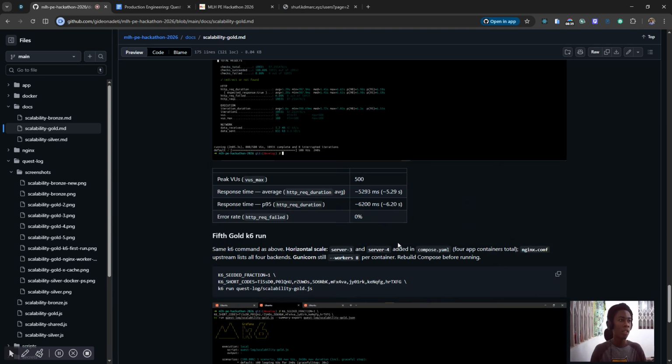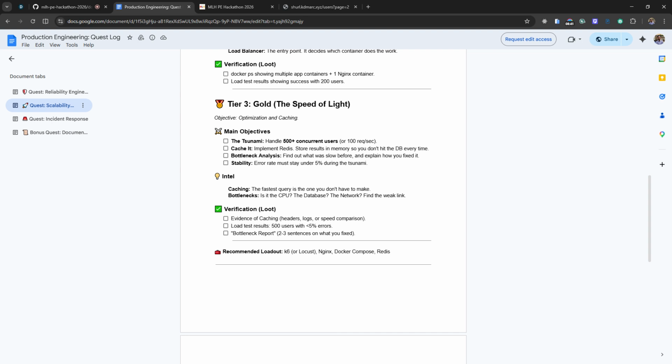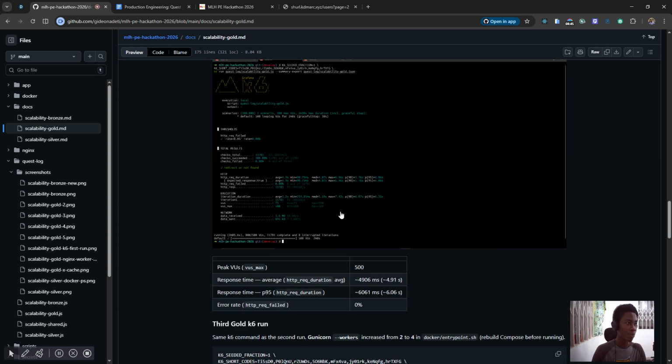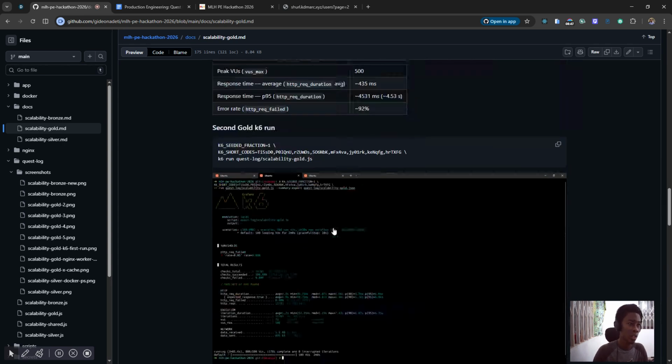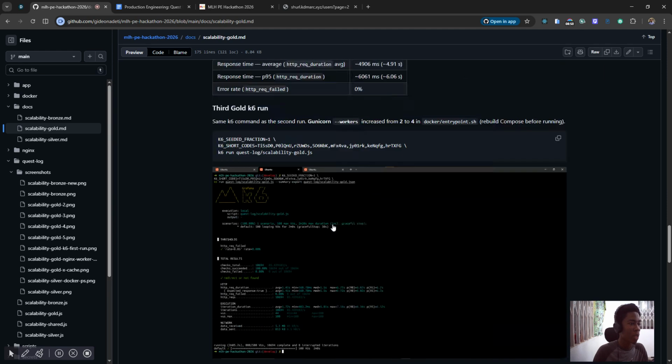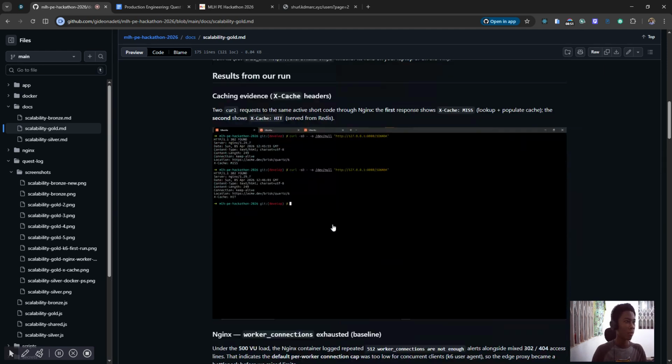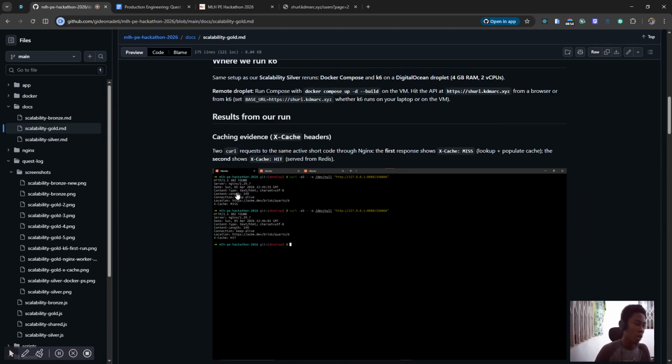The verification for tier 3 was evidence of caching, which is this screenshot right here. As you can see, the first request hits the endpoint, and it was a miss, so no caching for that one.